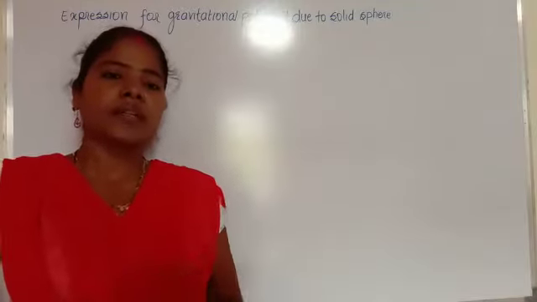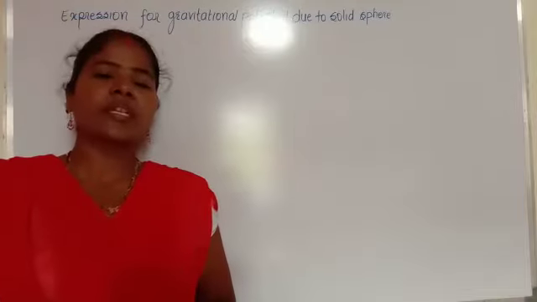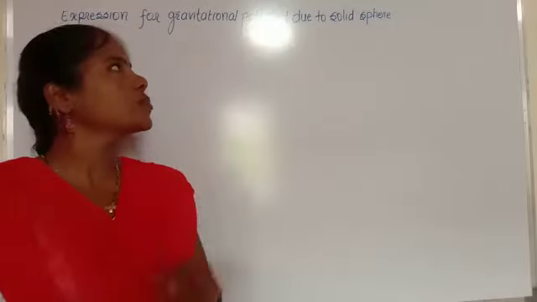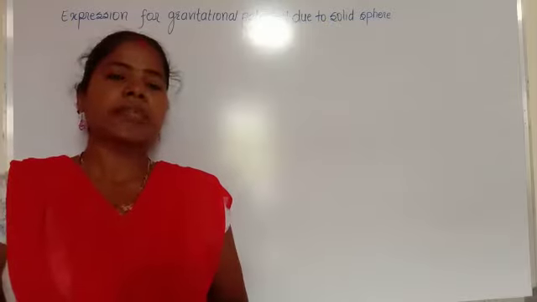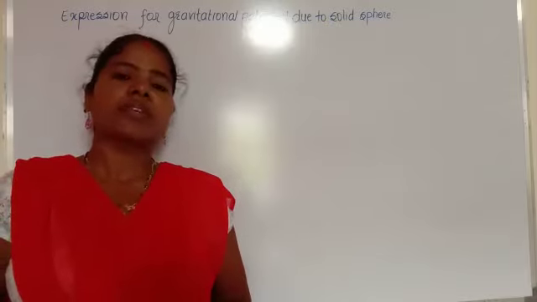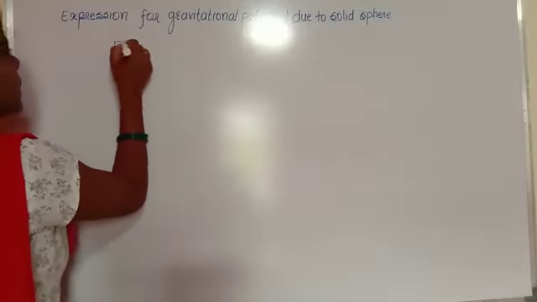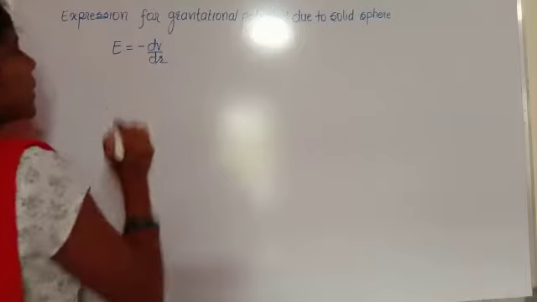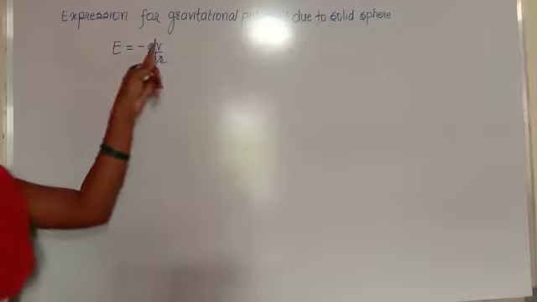After that, by using this gravitational potential value, we can calculate the gravitational field intensity at a point P, or any point situated. And after that we can calculate the gravitational force. For that we use the expression E is equal to minus dV by dr, which is the relation between the gravitational field intensity and the gravitational potential.